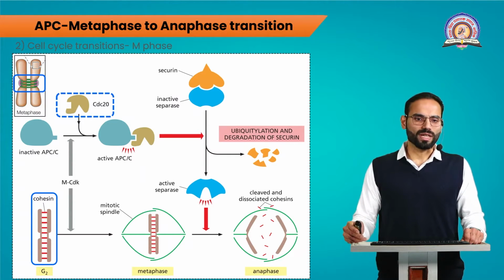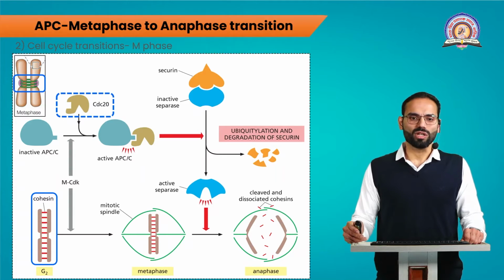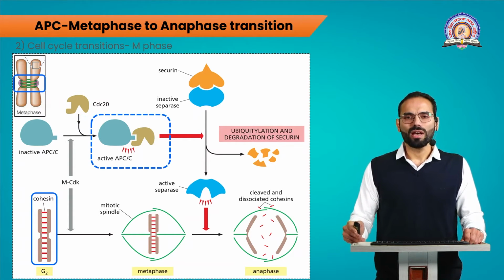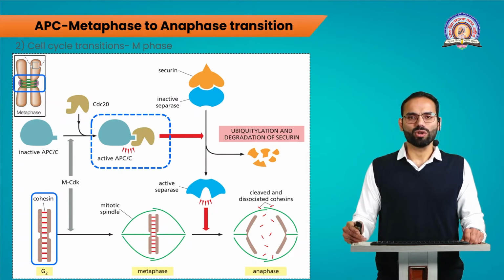At the onset of mitosis, the anaphase promoting complex is present in an inactive form. For its activation, it requires a catalytic subunit, that is the CDC20 protein. This CDC20 protein in turn binds to the anaphase promoting complex, and binding of CDC20 results in activation because of a huge conformational change in the anaphase promoting complex protein.